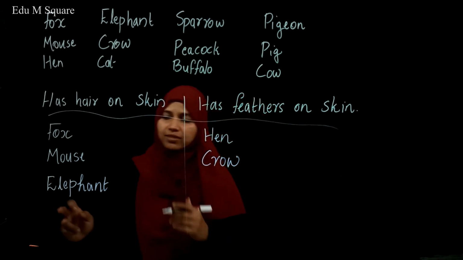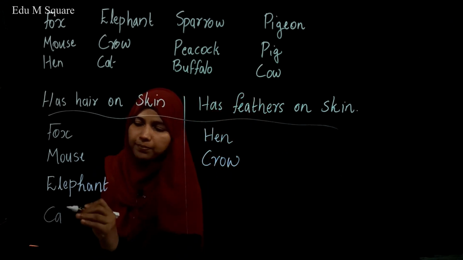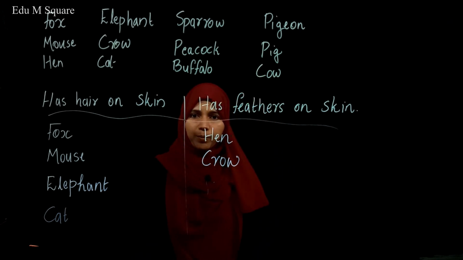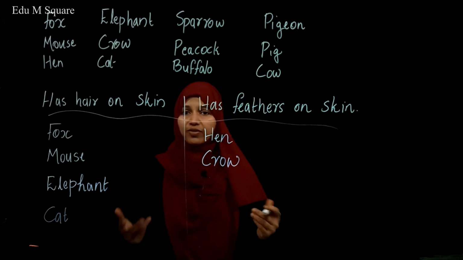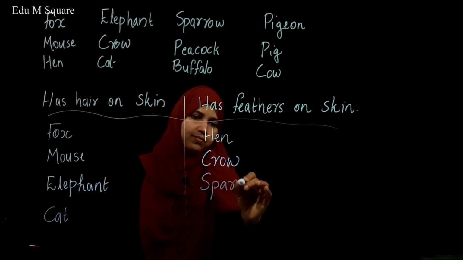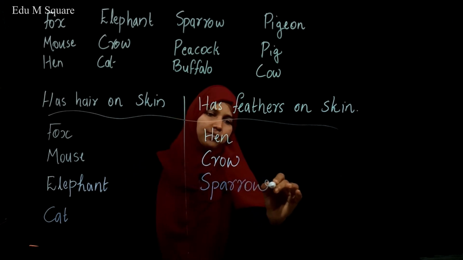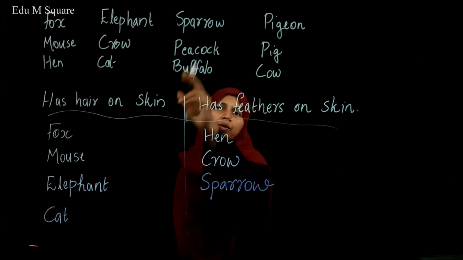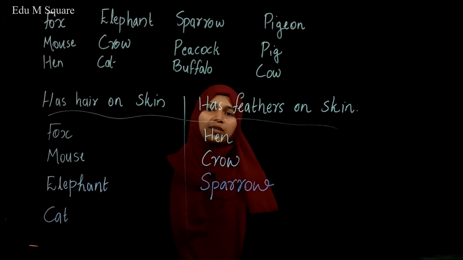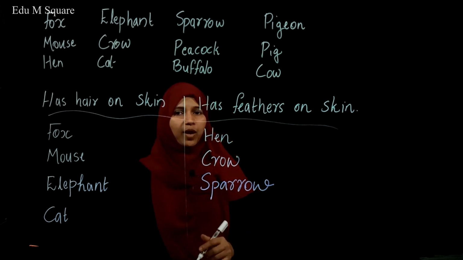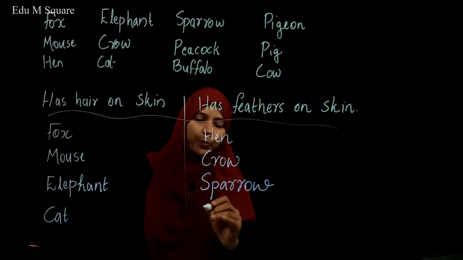So the cat comes under this column. Sparrow, a bird, it has feathers. What about the peacock? The peacock has colorful feathers. So it belongs in this group.